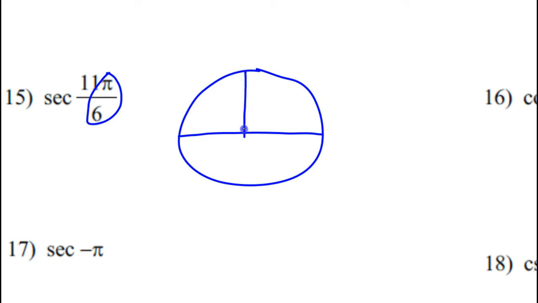So I need to somehow take the top half and divide it up into 6 pieces. So watch how I do that. All right, see how I have 3 pieces here so far?